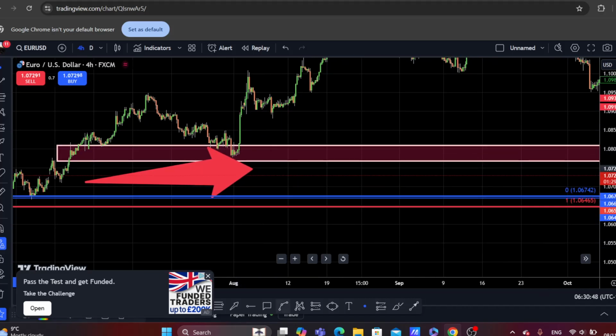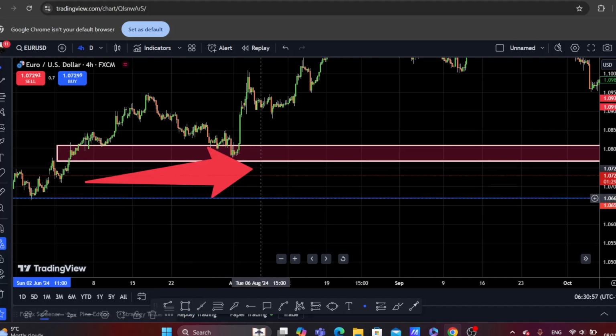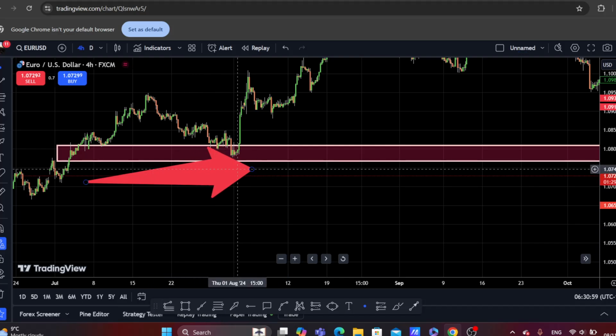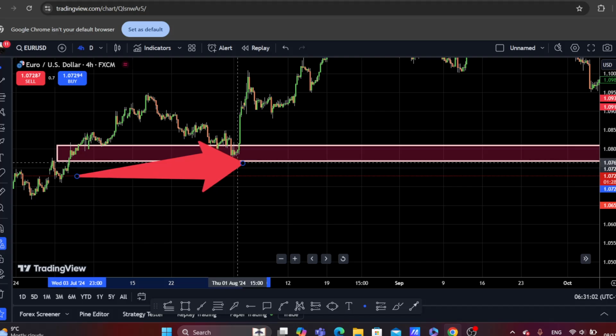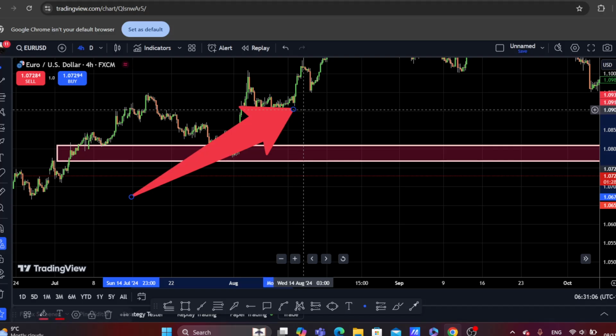So let me take this demand zone off because we don't need it anymore. I'll also take that blue line, we don't need that anymore. So we came, the market bounced up, yeah.